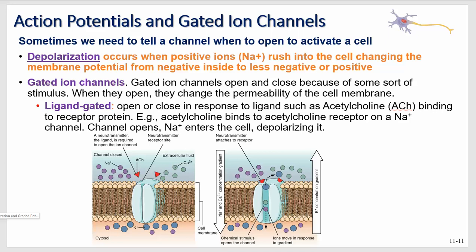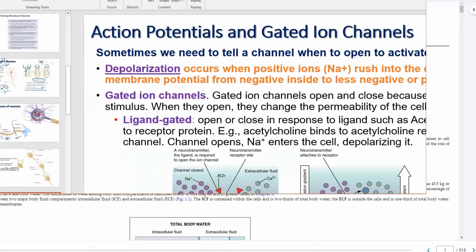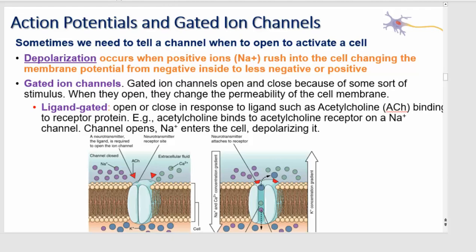To depolarize that cell, or change that membrane potential to a positive, all we have to do is open it up to sodium, and that will depolarize the cell. That's what's going to trigger and get this action potential going. So that's your depolarization.